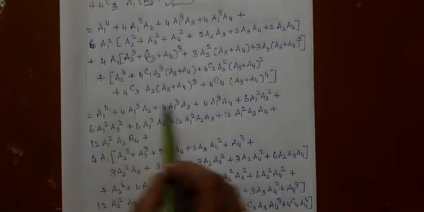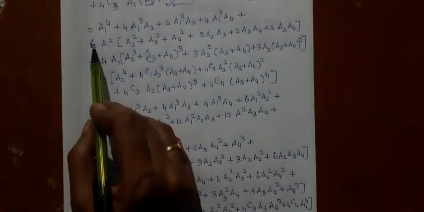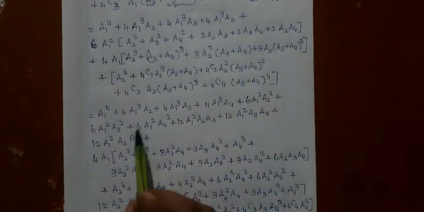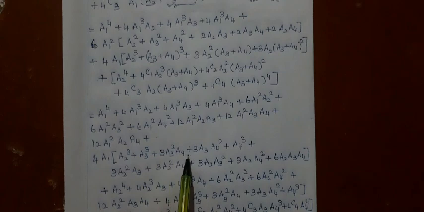The first step, up to this I can write everything as such, and then this is multiplied by 6a1 square. If you multiply, you get this, and 4a1 into, I just simplify, a2 cube, this should be expanded: a cube plus 3a square b plus 3ab square plus b cube.